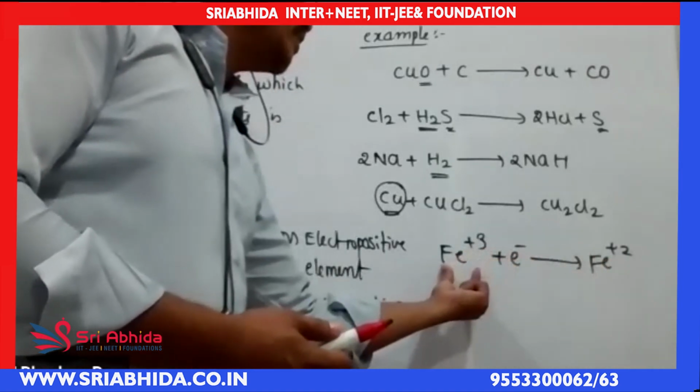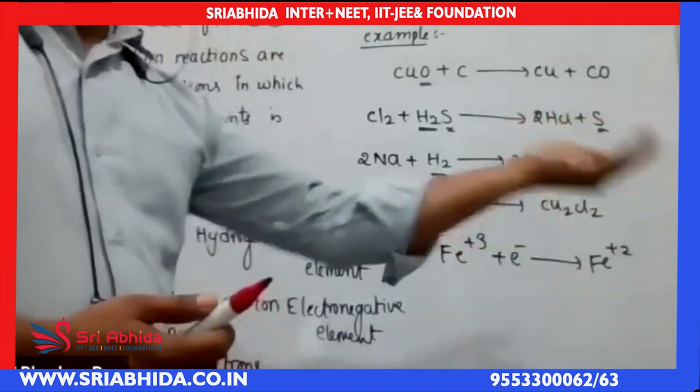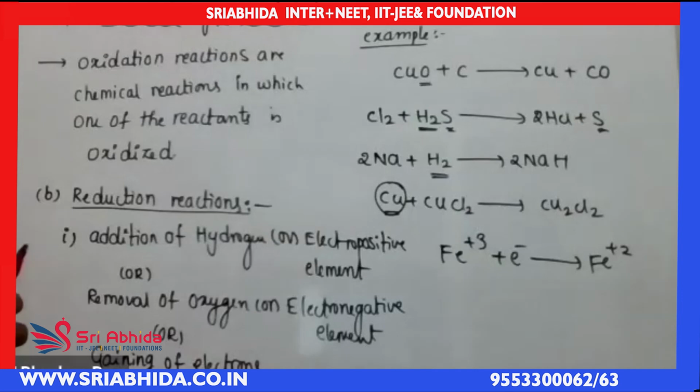That means the plus 3 state of iron gains one electron and converts into the plus 2 state. Gaining of electrons is called a reduction reaction. So note this down.